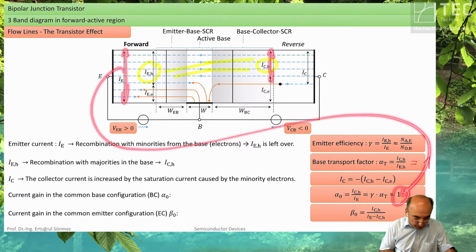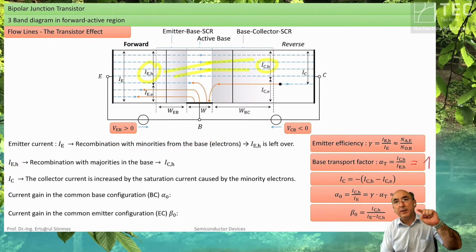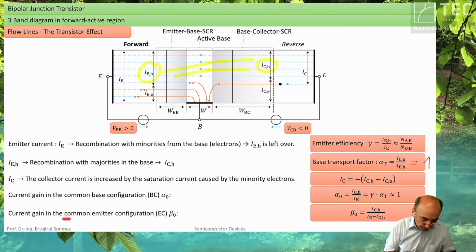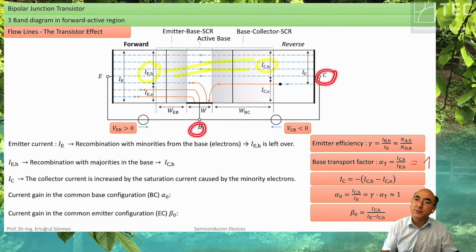Okay. And in analog circuits, we use very often the common emitter configuration. And there, if the emitter is a reference voltage, you control the base and get a collector current. If you control the base, you put in a base current.